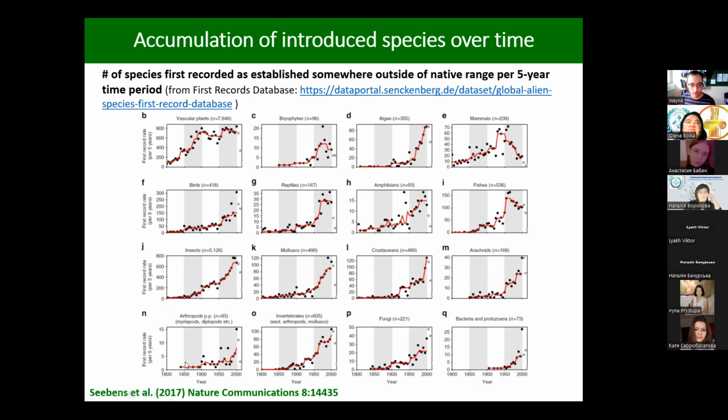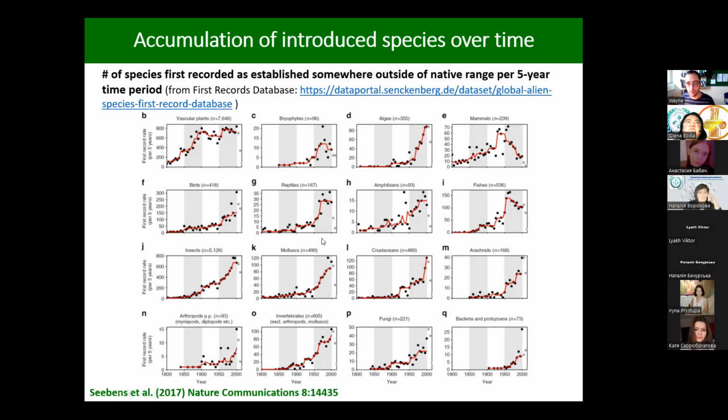And we're seeing the same for arthropods in general, for insects, for mollusks, and for other taxonomic groups like algae. More and more species are being introduced. And that's, again, a consequence of this increase in trade. So trade is really triggering trouble in terms of the number of introduced and establishing species worldwide.